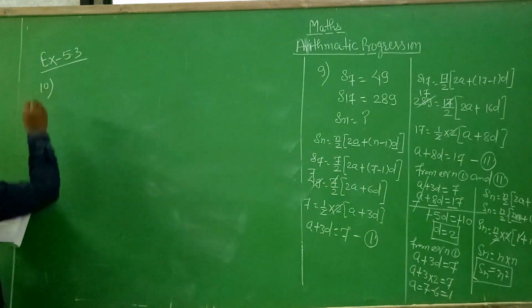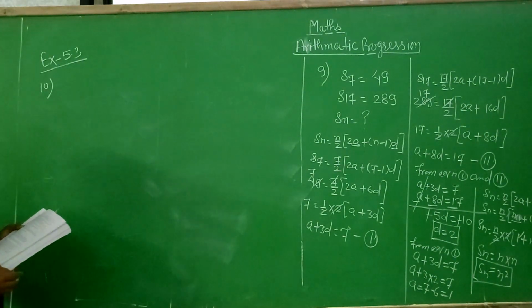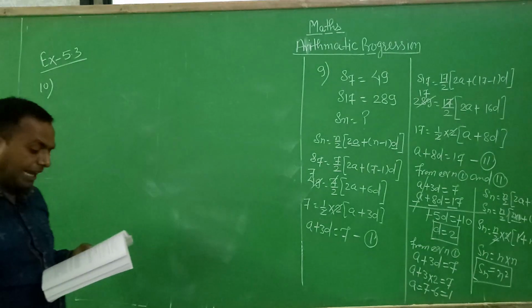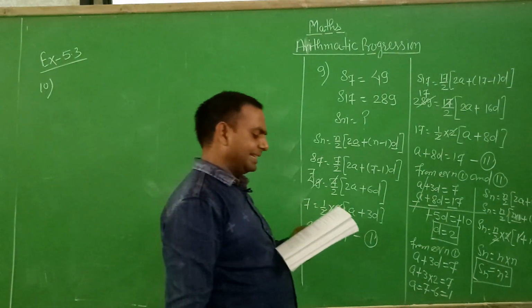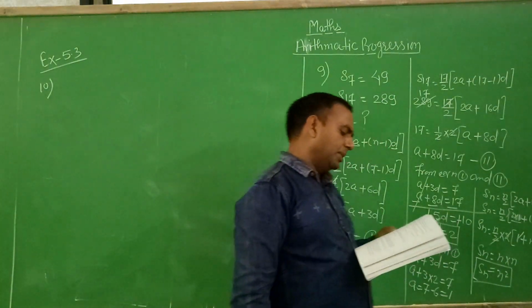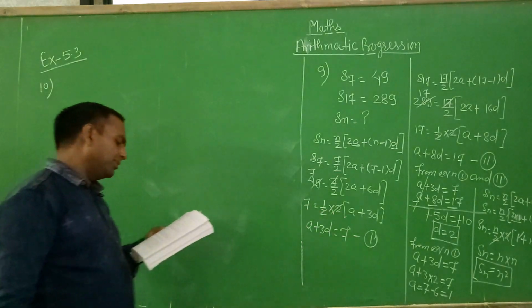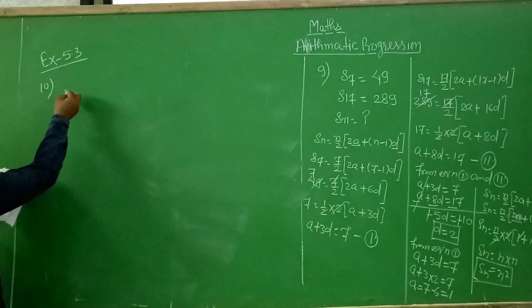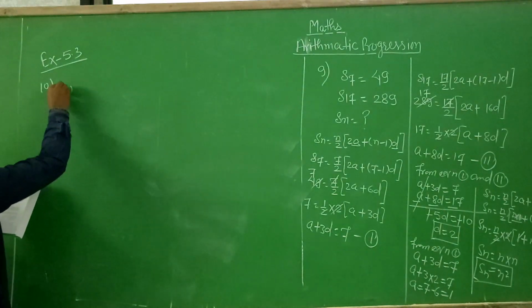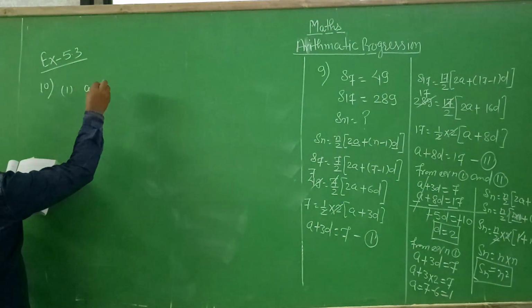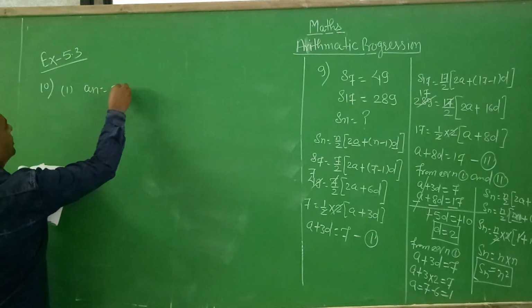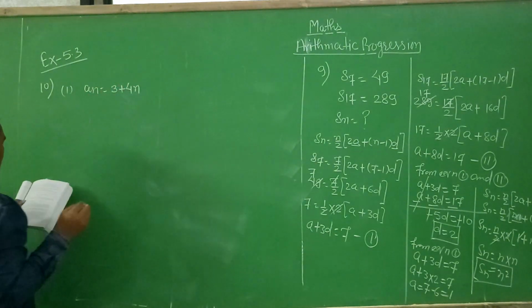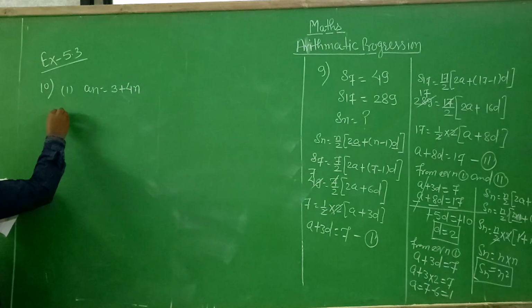Given that a1, a2, ..., an form an AP where an is defined as below, also find the sum of the first 15 terms. Here a formula is given that an is equal to 3 + 4n. So you find the sum of the 15 terms.